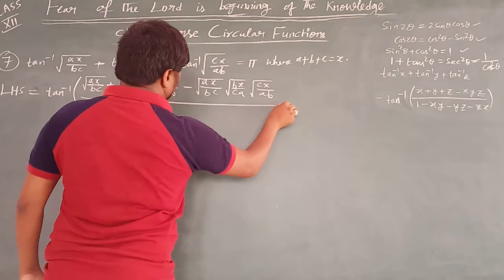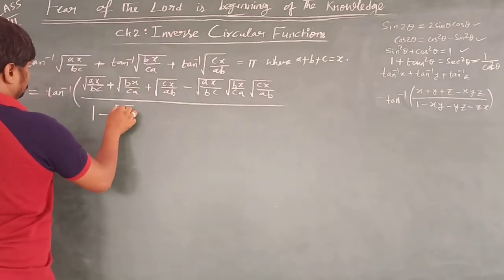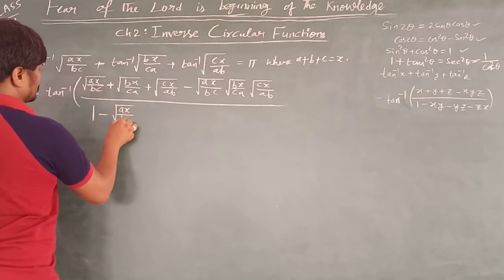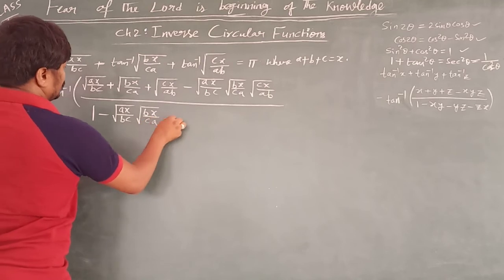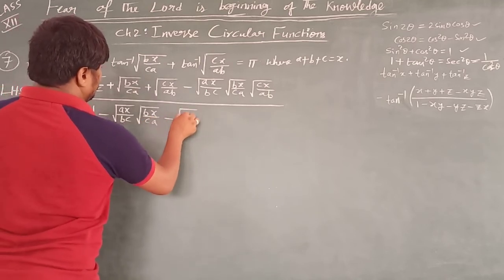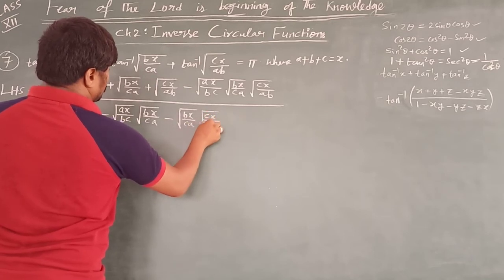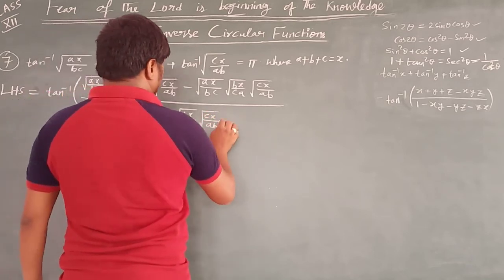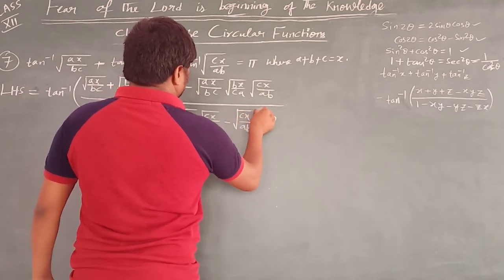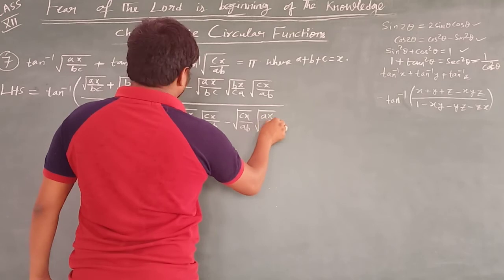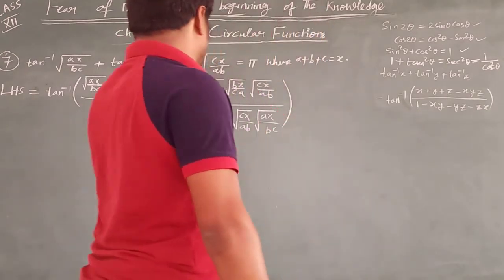That is upon 1 minus xy, that is square root of ax upon bc into bx upon ca, minus square root of bx upon ca into square root of cx upon ab, and minus square root of cx upon ab into square root of ax upon bc. Just use this formula and substitute here.